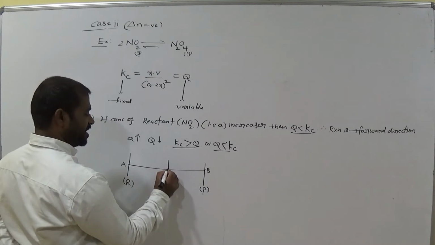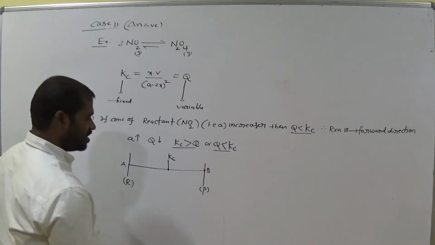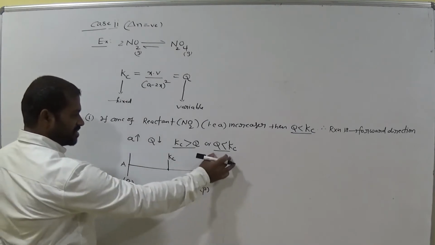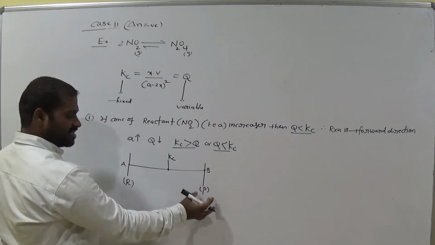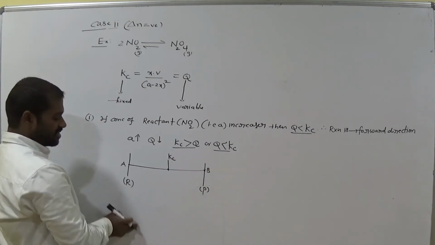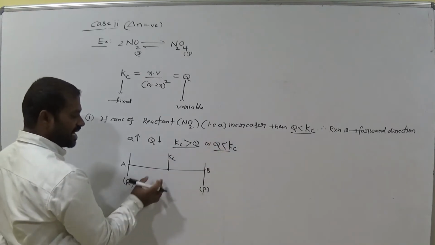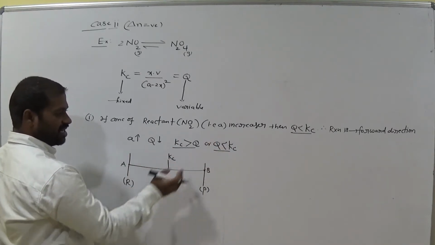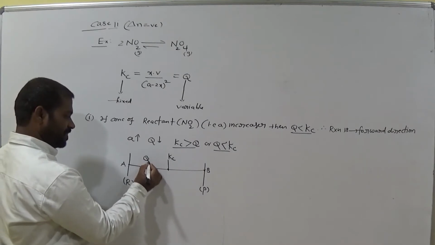This point is the equilibrium point, that is Kc. The reaction starts at this point and ends at this point. Now Q is less than Kc. This is the value of Kc, so less than Kc means the point Q is maybe here.